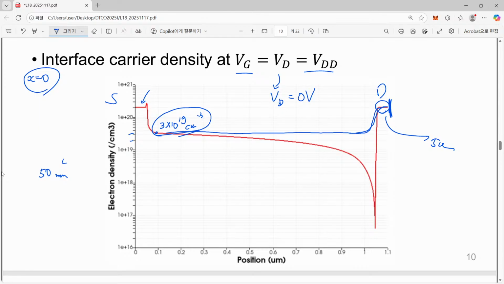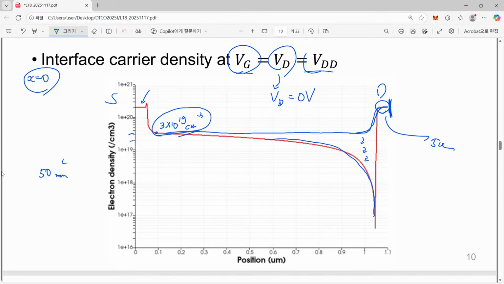So the channel is uniform, and electron density is just determined by this gate voltage. However, if we apply higher and higher drain voltage, then near the drain end, the electron profile goes down. Now we have a relatively small number of electrons observed here.